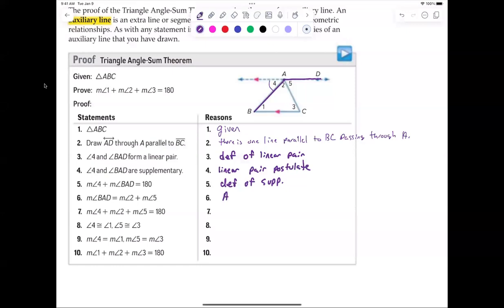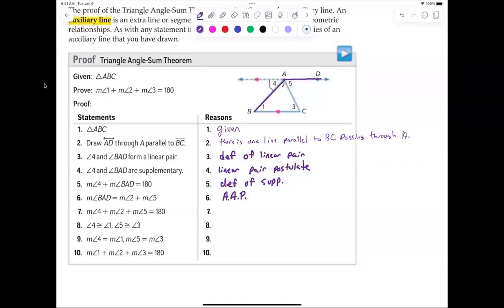There's two angles next to each other. What's AAP? Angle addition postulate. Two angles added together add up to the big angle. Yeah, exactly what you said. Angle addition postulate.